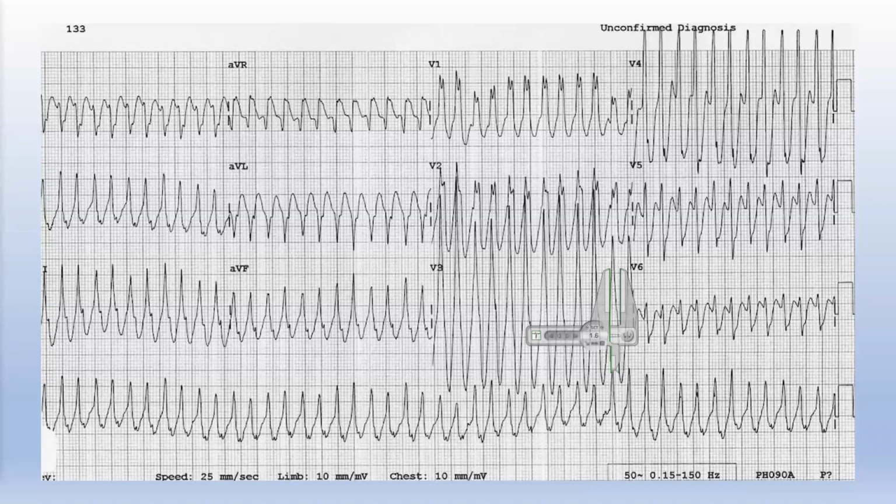Okay, what is your diagnosis? All right, some are saying ventricular tachycardia, very good. And the others?